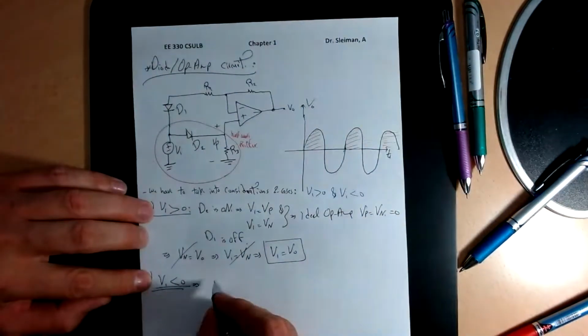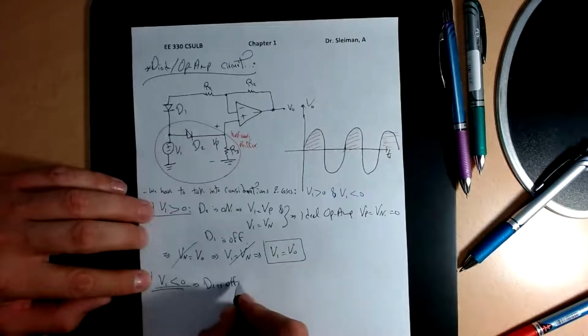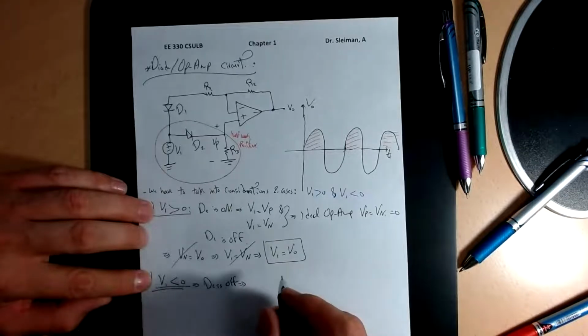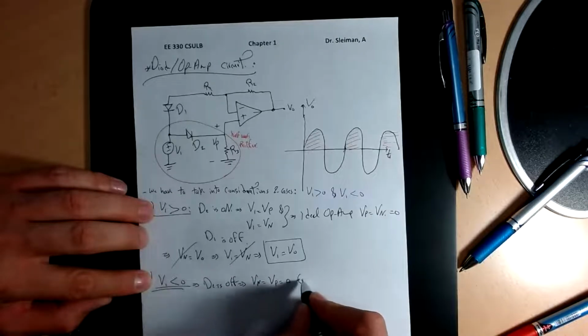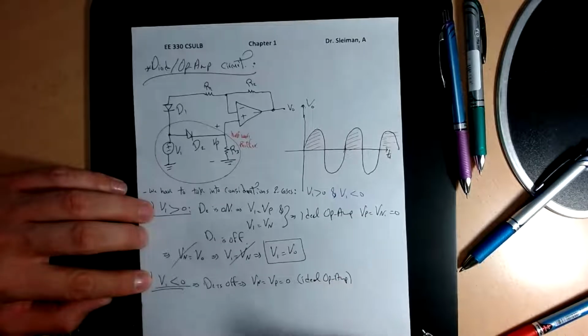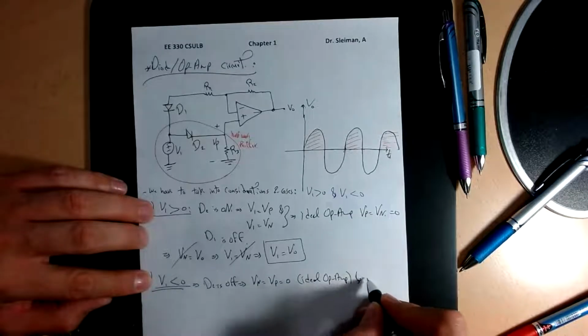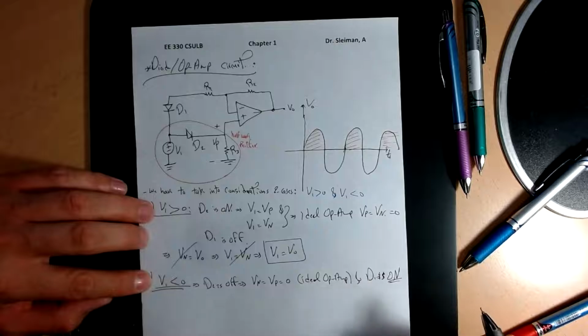That means right away we can know that D2 is off. And we already know Vn is equal to Vp is equal to 0. Why? Because it's an ideal op-amp. And also D1 is on.